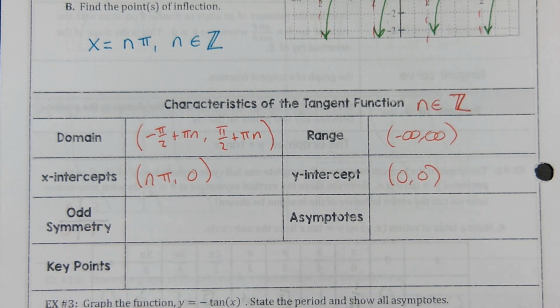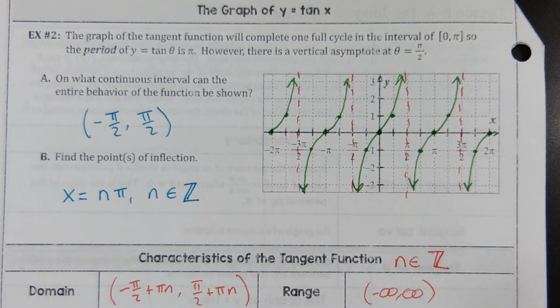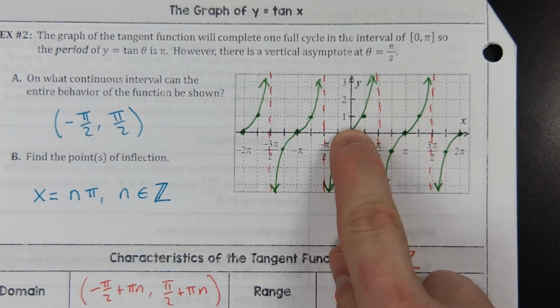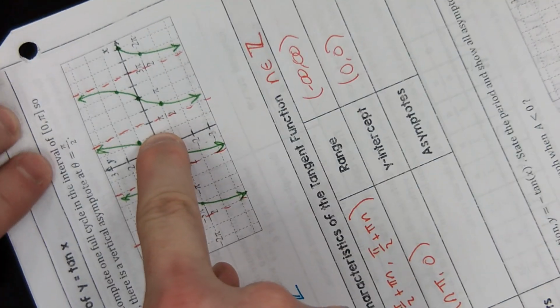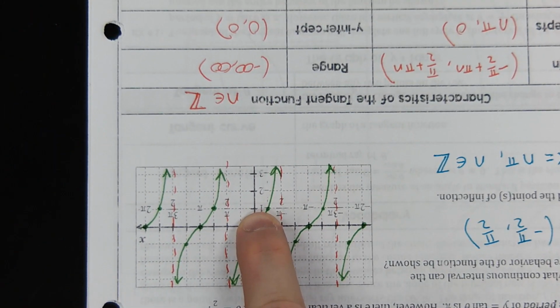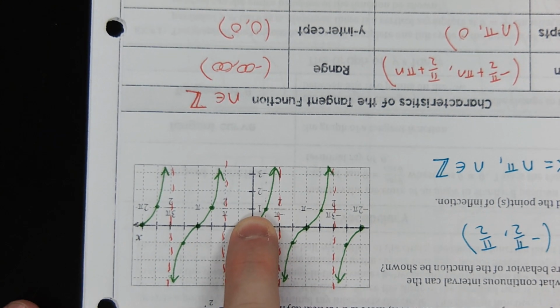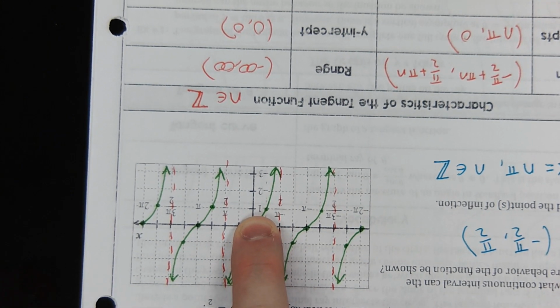Tangent, like sine, is an odd function. It has odd symmetry. What does odd symmetry mean? It means if you could spin your graph around the origin 180 degrees and have the exact same image, it is an odd function. That's what that means.